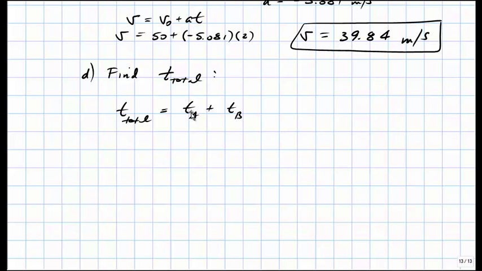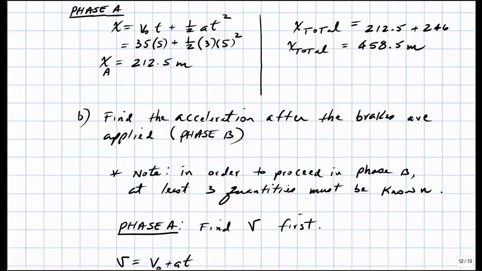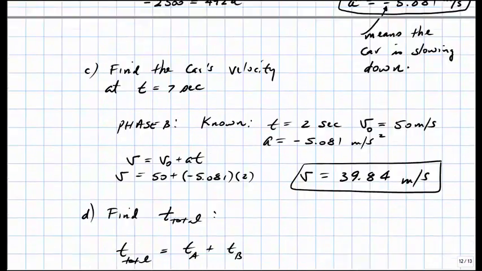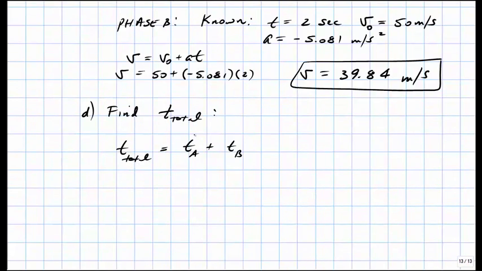And note that we already know the amount of time that we spent in phase A, right? If we're looking at our phase A box, that information was given at the beginning of the problem. The time equals 5 seconds. So we'll place a check mark on top of TA. However, we do not know how much time we spent in phase B, and so we need to determine that.